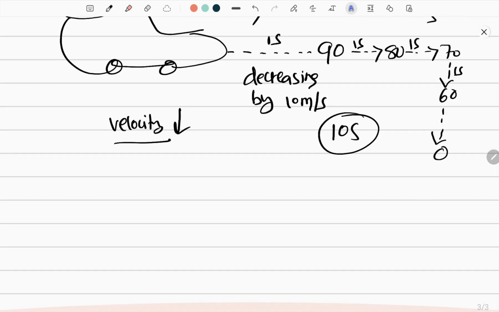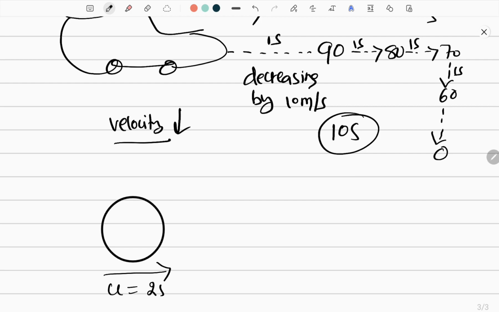All right, let me give you one more clear cut example. Here is a body, and it was moving with an initial velocity of, let me take it as, 250 meter per second. And immediately brakes are applied. If brakes are applied, it means velocity will change.